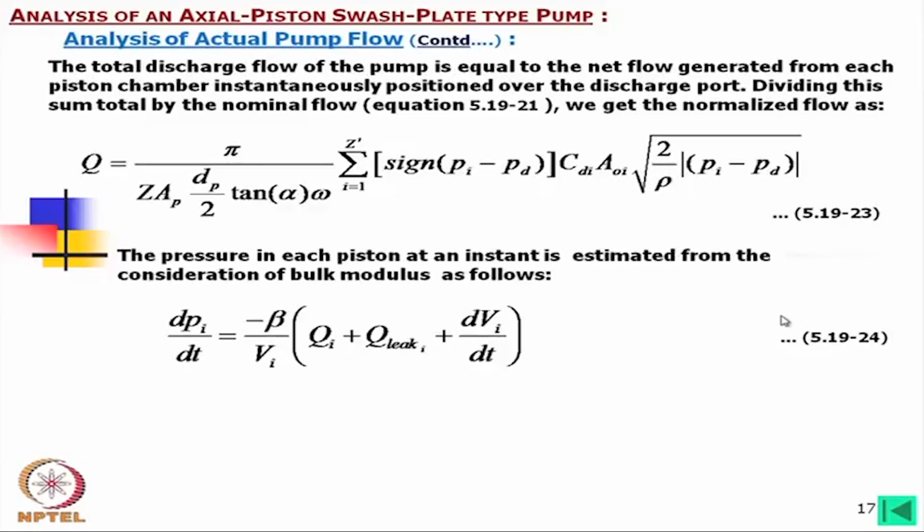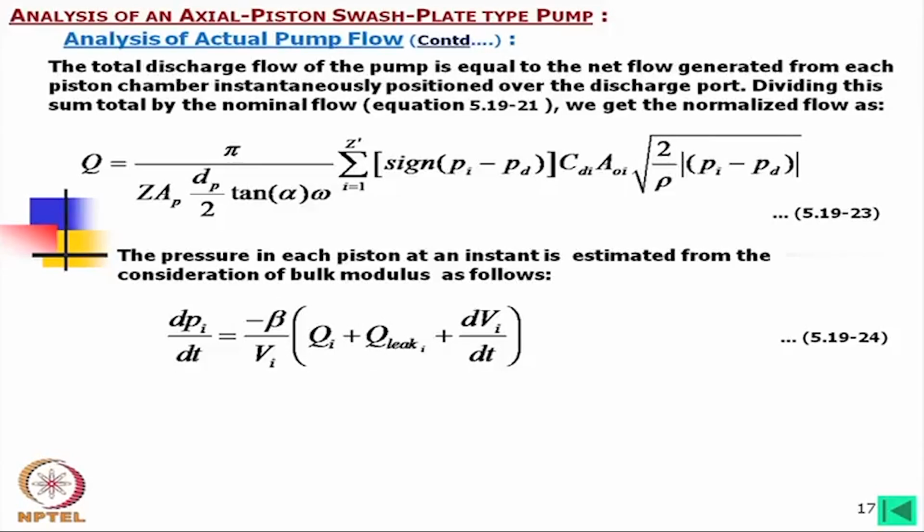Now, the pressure in each piston at an instant is estimated from the considerable bulk modulus as follows. Here we are considering the total volume inside, and then we are also considering the bulk modulus. Why have we considered such things?